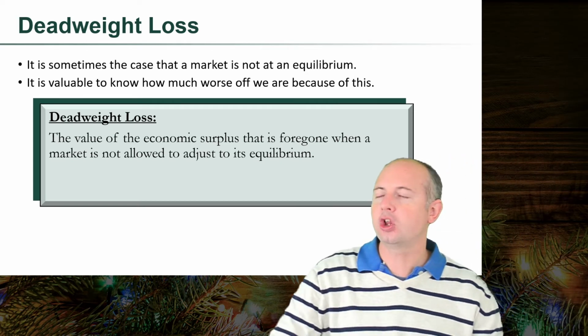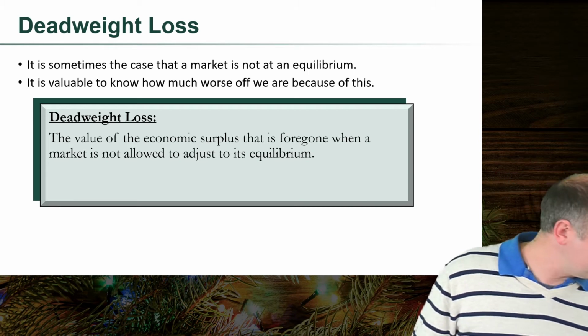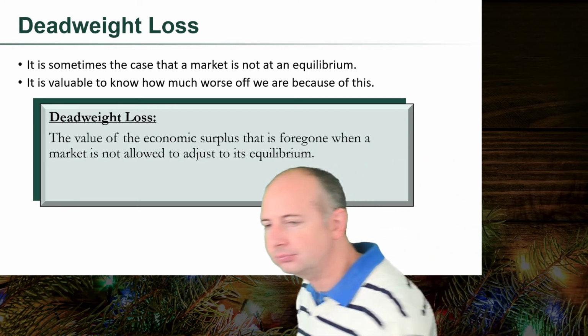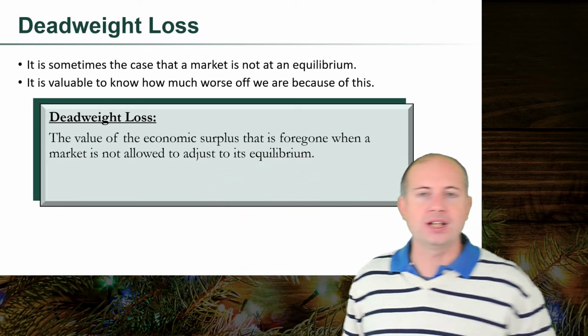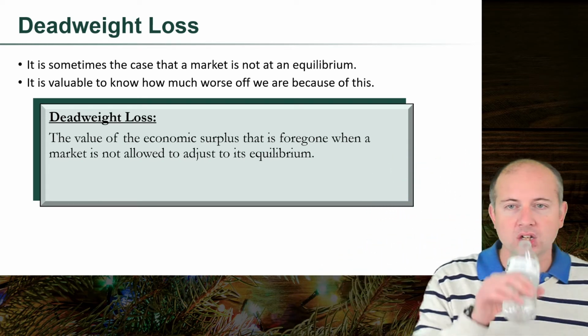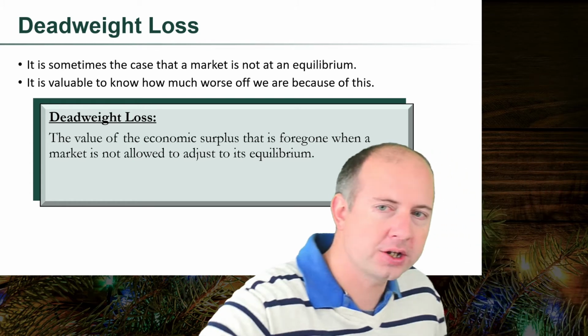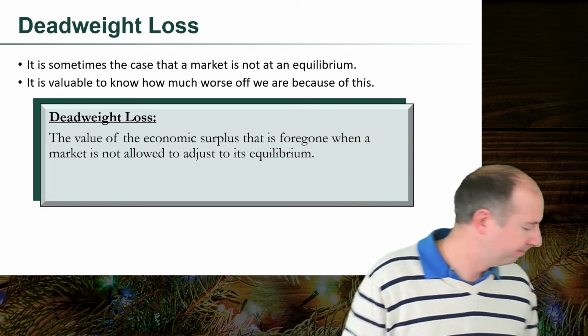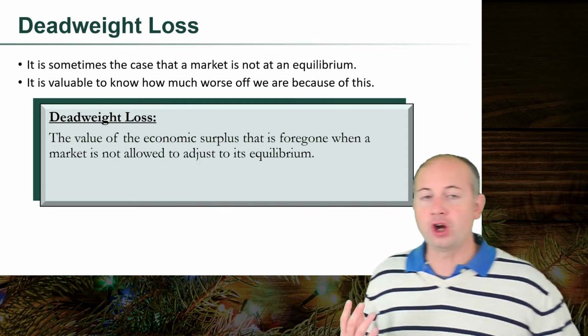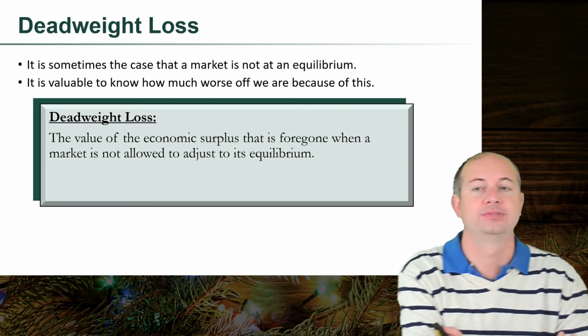So how much surplus is lost? The term for this is a deadweight loss. Deadweight loss is the value of the economic surplus that is foregone when a market is not allowed to adjust to its equilibrium. So again, how much worse off are we? How to think about it is, what is the area of that gray triangle? That's deadweight loss.